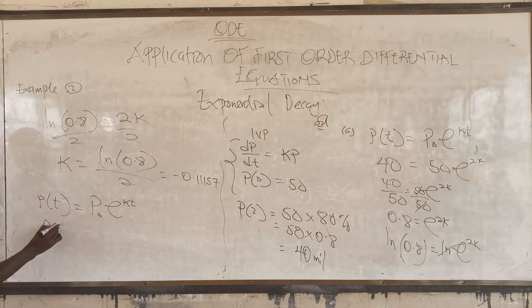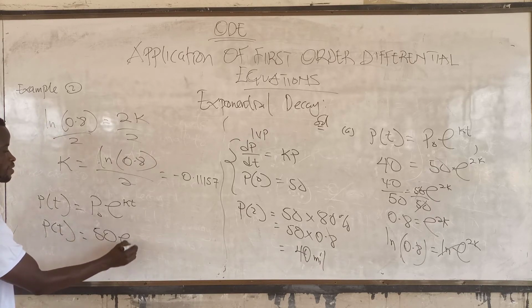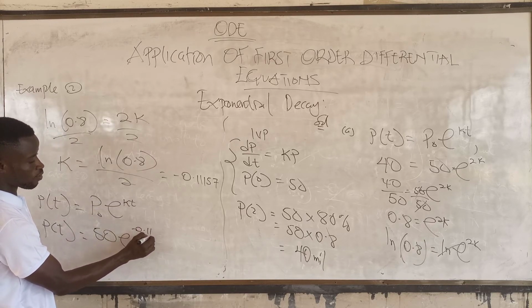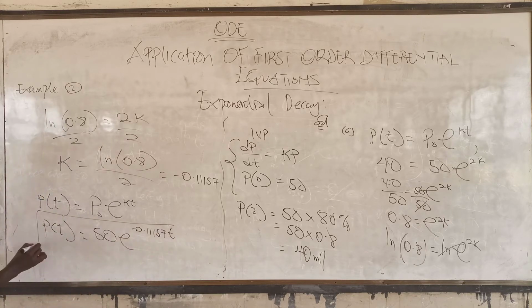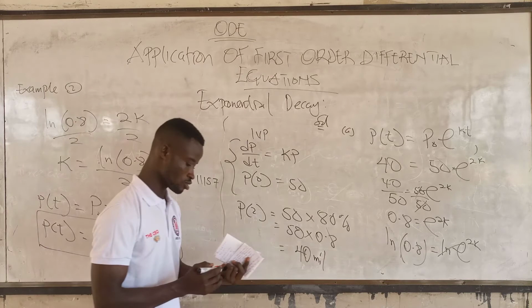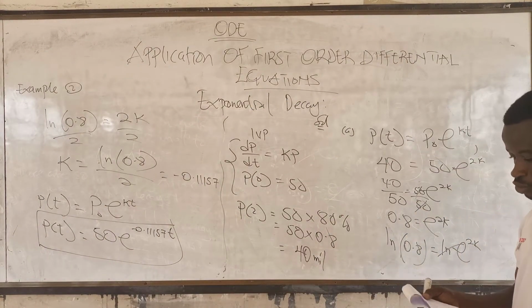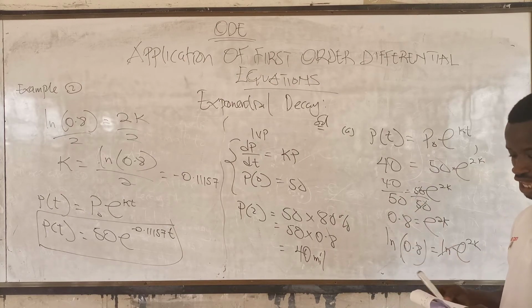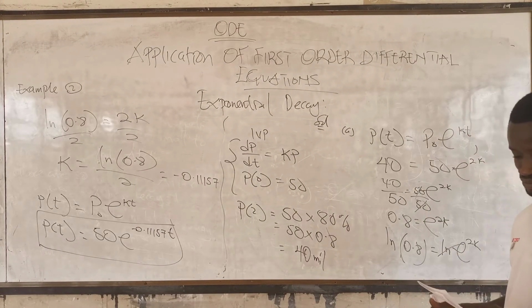So here the P of T will be equal to P naught, which is 50, e raised to the power k, where k is negative 0.11157t. So this is the equation for the differential equation. That's going to be the particular solution for the question. So we are done with the A.